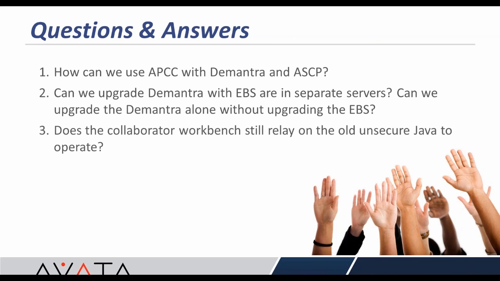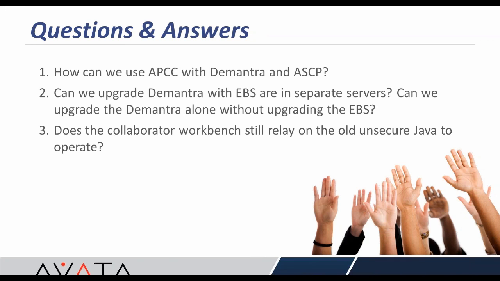Does the collaborator workbench still rely on the old unsecured Java to operate? Over the past few versions, what we have seen is as the Demantra versions are improving, the support with Java is also improving.